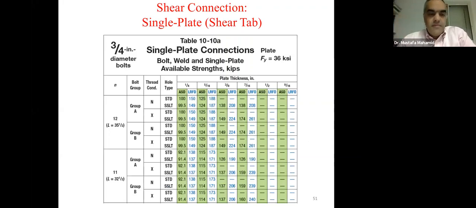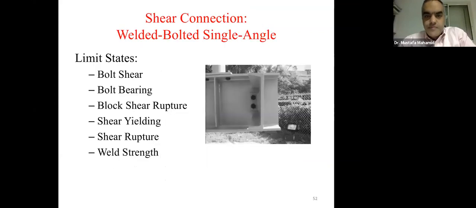Again, it starts from a 2 bolted connection, and for group A or group B, and whether the threads are included or excluded from the shear plane, and the hole type, whether it's a standard hole or short slotted hole. The tables are based on plates that are 36 ksi.